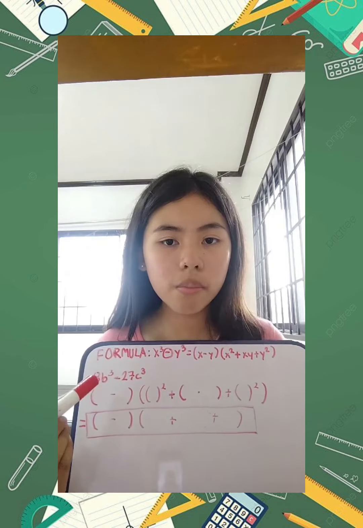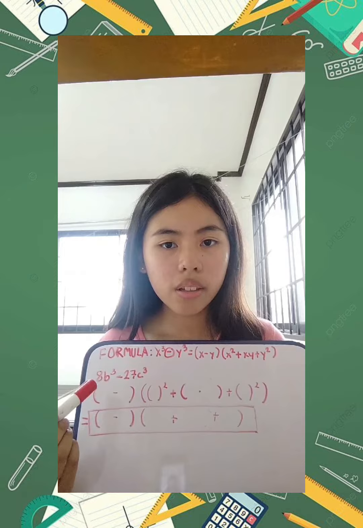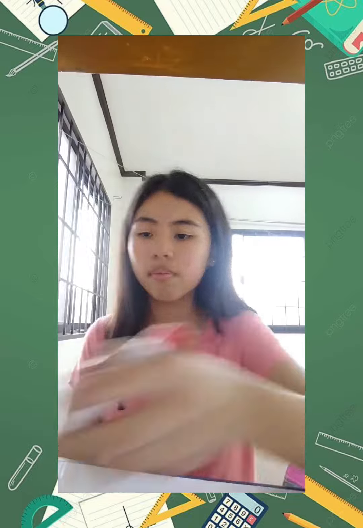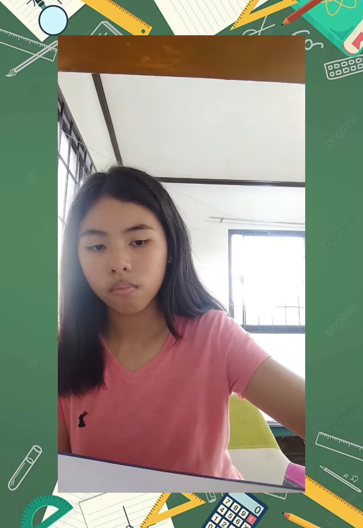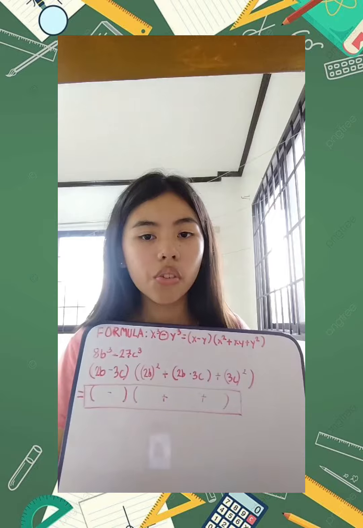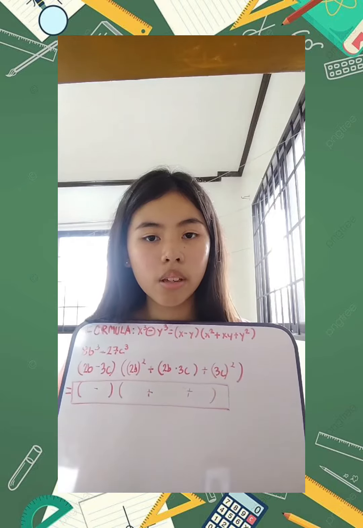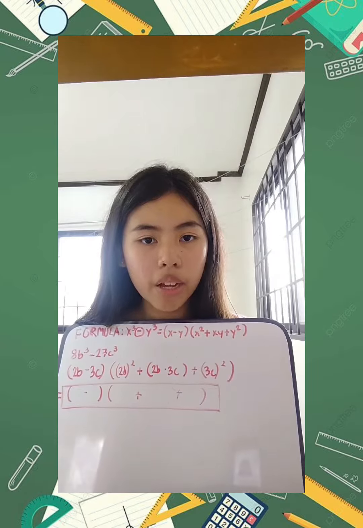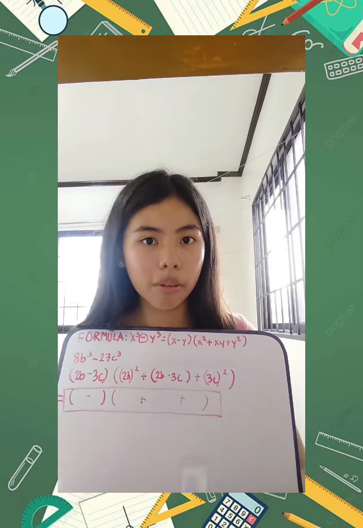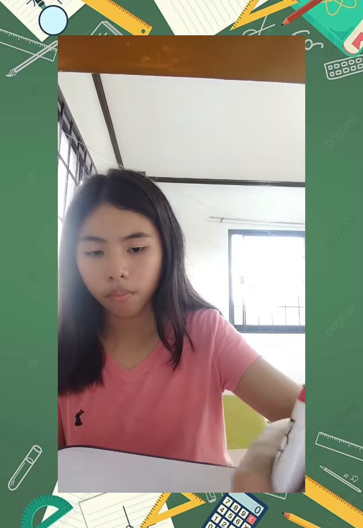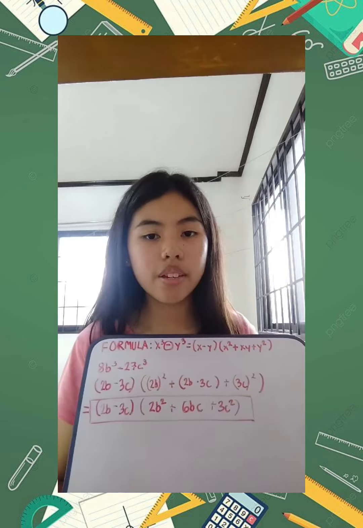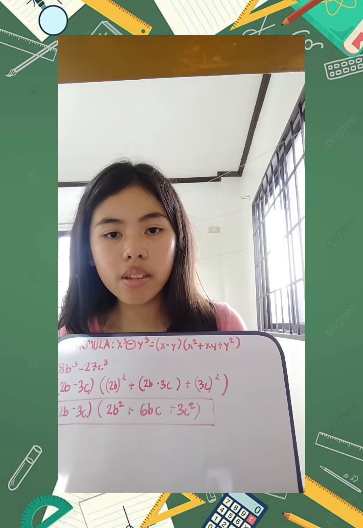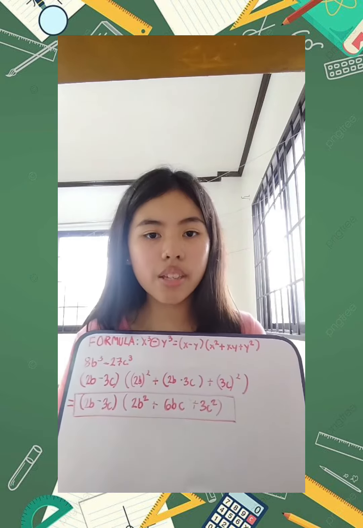So 8b cubed is 2b and 27c cubed is 3c. So I read this as 2b minus 3c times 2b squared plus 2b times 3c plus 3c squared. Now we simplify. The factored form is 2b minus 3c times 4b squared plus 6bc plus 9c squared.